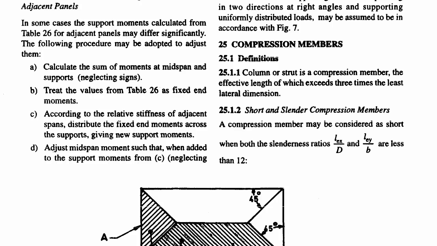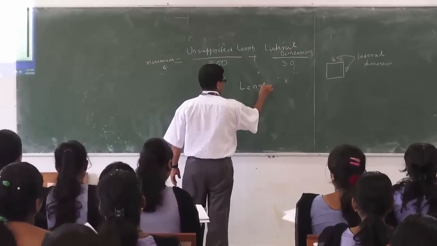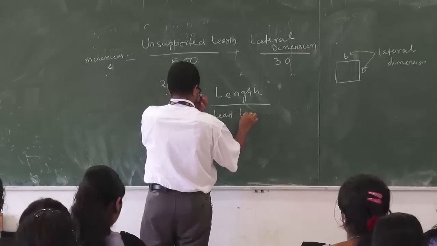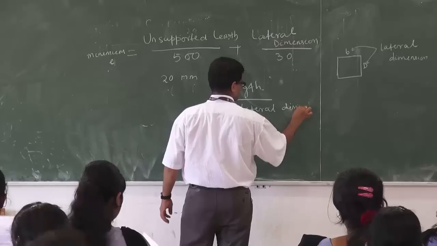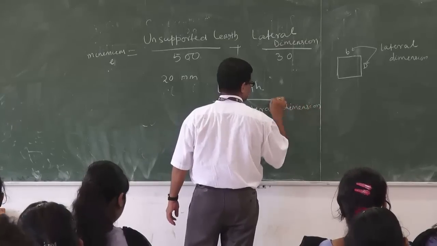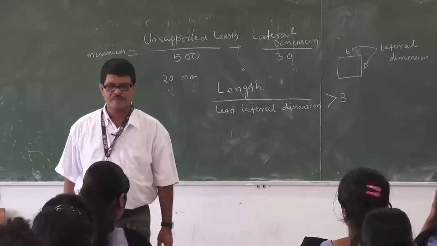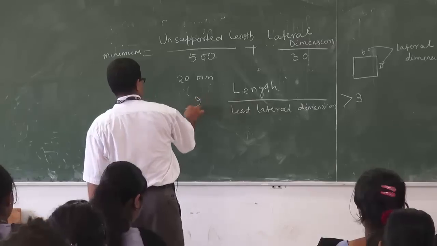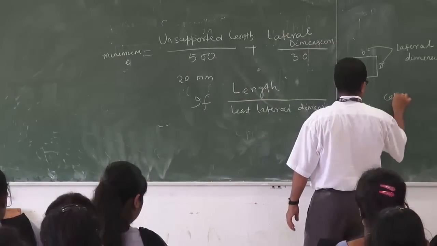lateral dimension. So if the length by least lateral dimension exceeds 3, that means greater than 3, then it is called a column.